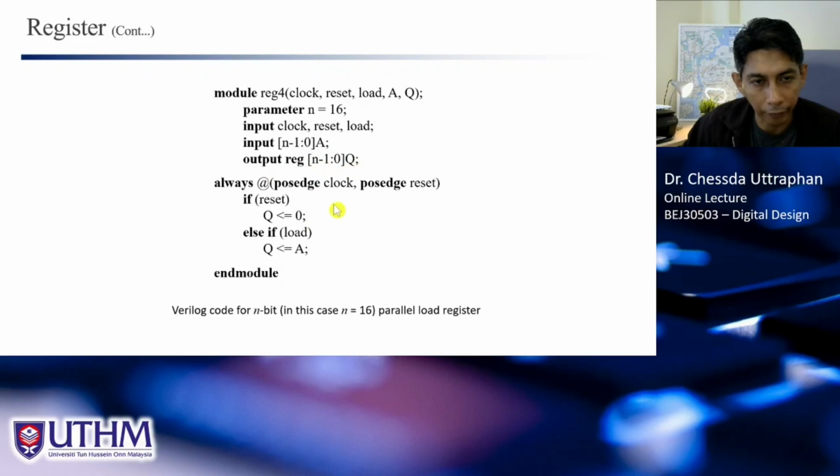Whenever we want to change this to 8-bit, we just change this to 8, and everything here changes to 8, and 8 minus 1 is 7 to 0, so we have 8-bit. And if you want a bigger register, you can have n equal to 32, for example, and everything here will be 32-bit.